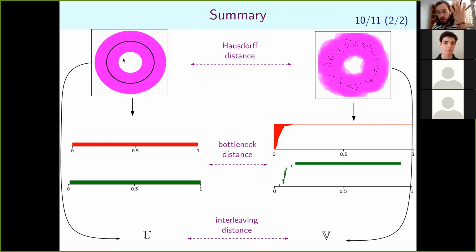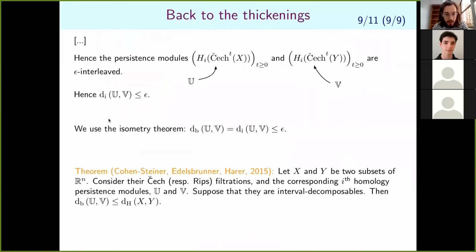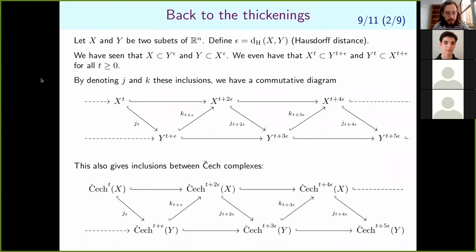I thicken a bit the circle, I can put the point cloud inside, then I thicken the point cloud, I can put the thickened circle inside, and so on. I have here a collection of thickenings that are really close to each other. I thicken the point cloud, it is included in a larger thickening of the circle, included in a larger thickening of the point cloud, etc.